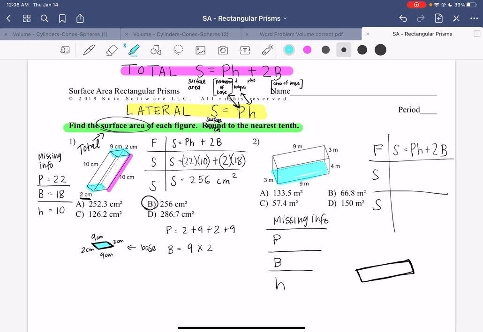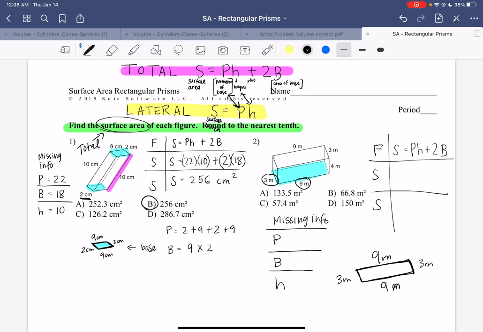Base is blue. So if that's our base there, we can see here that we have a 9 and a 3 on both sides. So I can take my 9 meters and 9 meters. Then we have 3 meters and 3 meters.